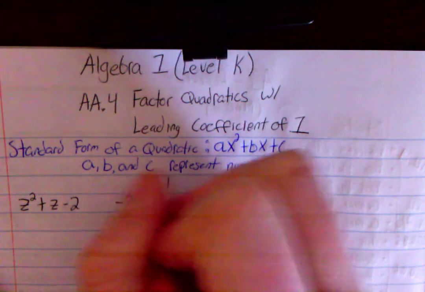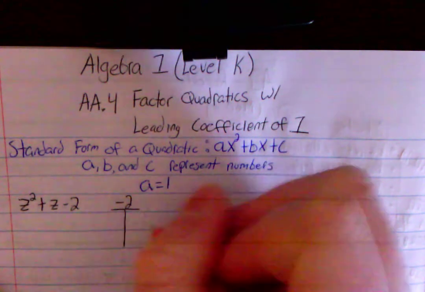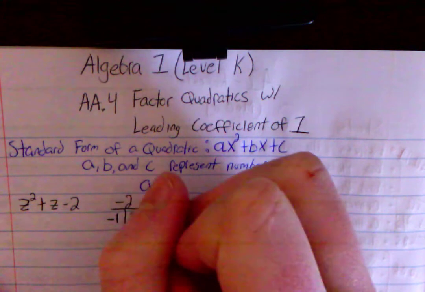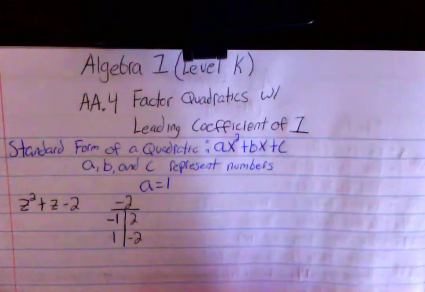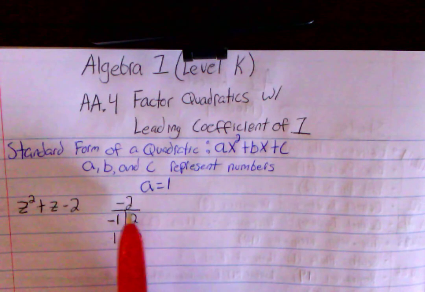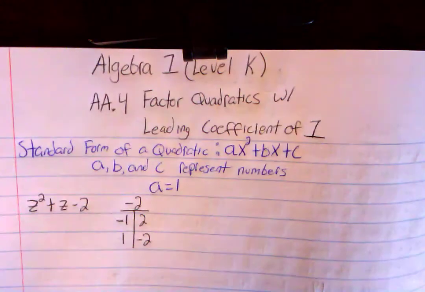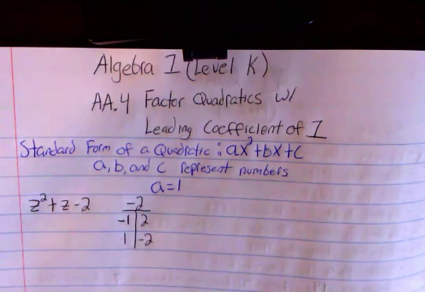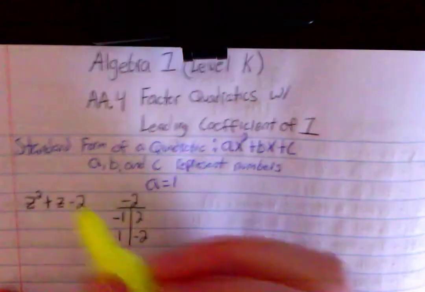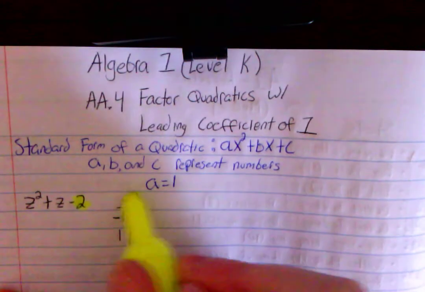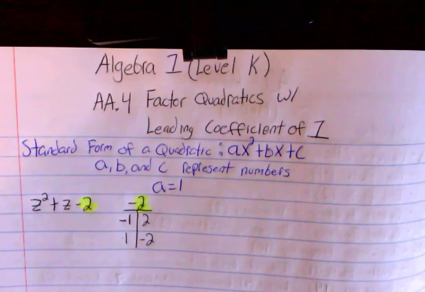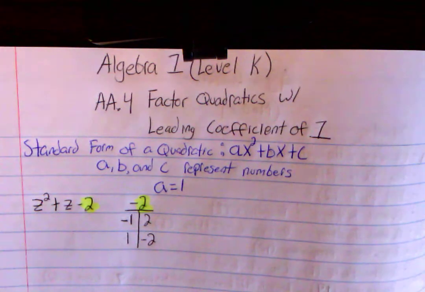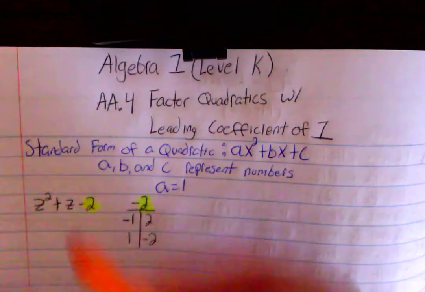So I know that my factors of negative 2 are negative 1 times 2 and 1 times negative 2. Why is it important that we use negative 2? Well, our c is negative 2, and we need to use the factors to find out what our b is.